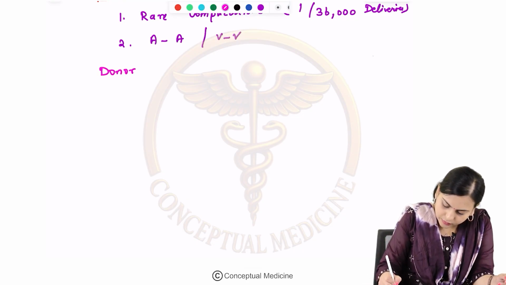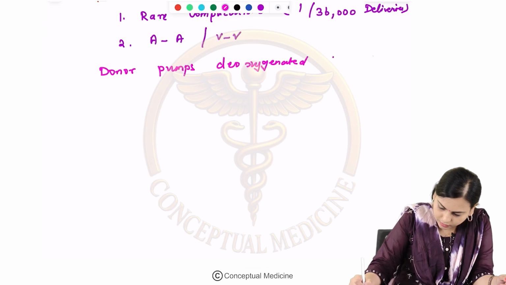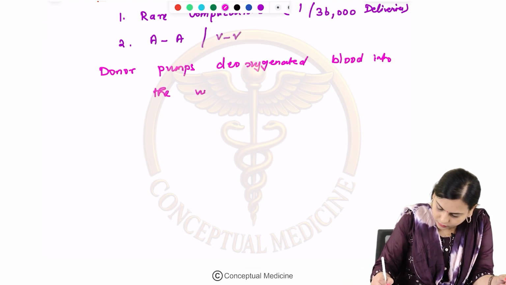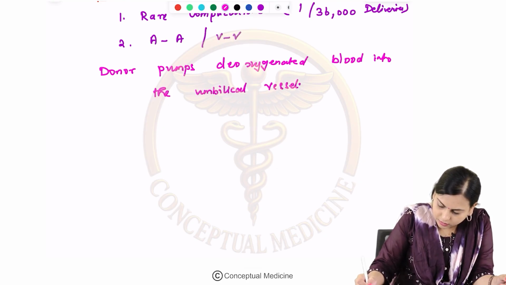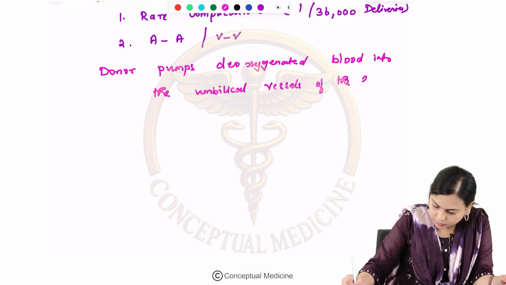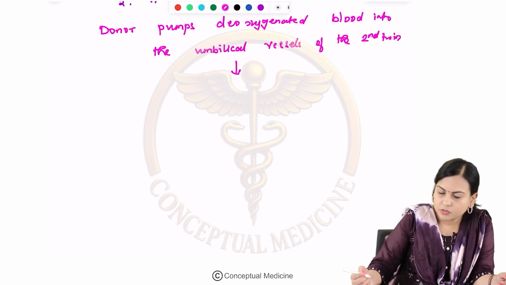Donor pumps deoxygenated blood into the umbilical vessels of the second twin. So, what is going to happen?